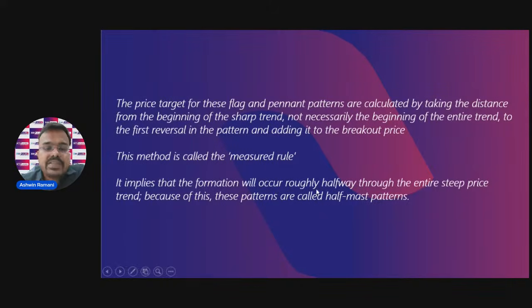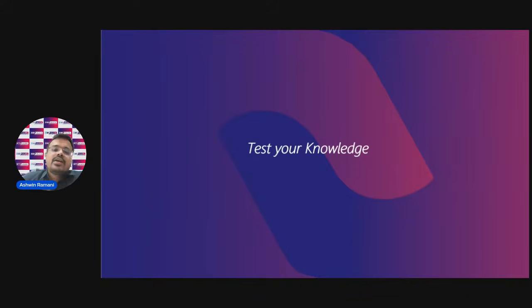So it implies that the formation will occur roughly halfway through the entire steep price move, and because of this these patterns are also called half-mast patterns. So basically these are your continuation patterns. There's a pole, there's a flag, and then when the price breaks out, that's a continuation pattern here. So are you all ready to test your knowledge now?